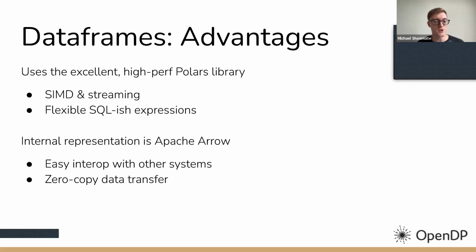The internal representation for the library is Apache Arrow, which is kind of a two birds, one stone situation where we're also adding support for Apache Arrow throughout the system. This allows us to support other systems that work with Apache Arrow, and also gives us zero copy data transfer, which is very convenient.